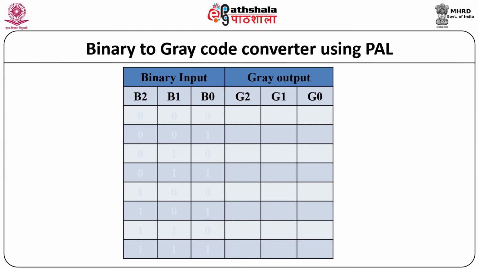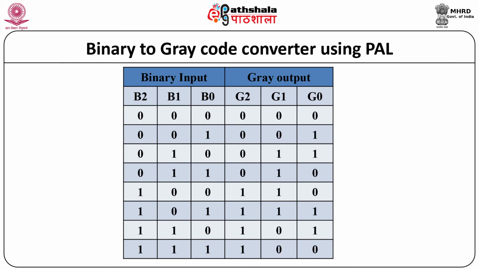As there are 3 inputs, there are 8 possible combinations at the binary inputs. The binary inputs start with 0 0 0, then 0 0 1, 0 1 0, 0 1 1 and so on up to 1 1 1.